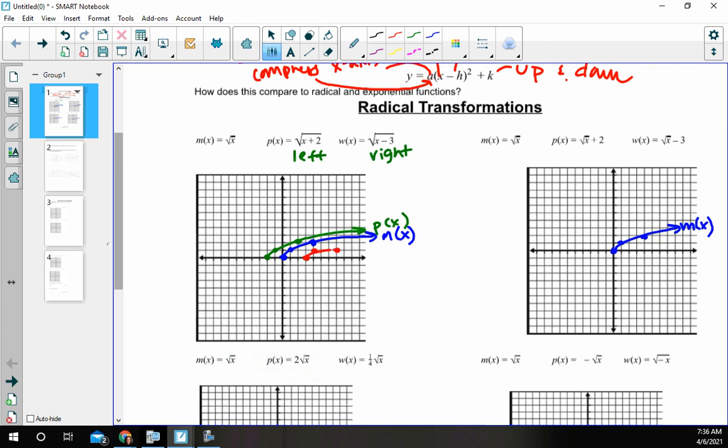Label it. Okay, so on the inside of our square root, just like the inside of quadratics, we have our lefts and rights. It's the opposite direction of what you think, so the opposite of that sign again.